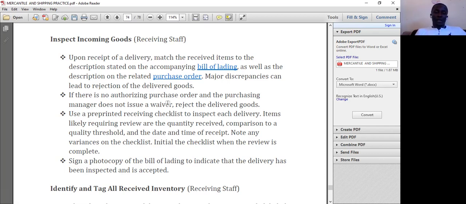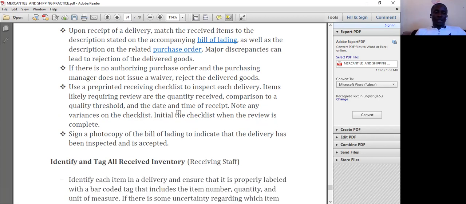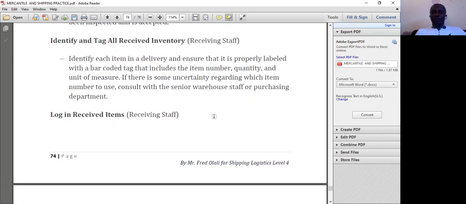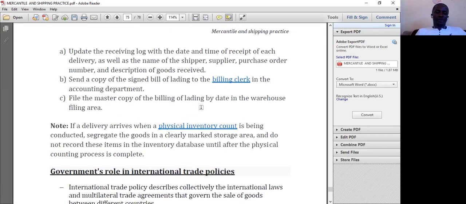If there is any unauthorized purchase order, and the purchasing manager does not issue a waiver, reject the delivered goods. So use pre-printed receiving checklists to inspect each delivery item. Then identify and tag all the received inventories, that's the cargoes, and log in the received items.